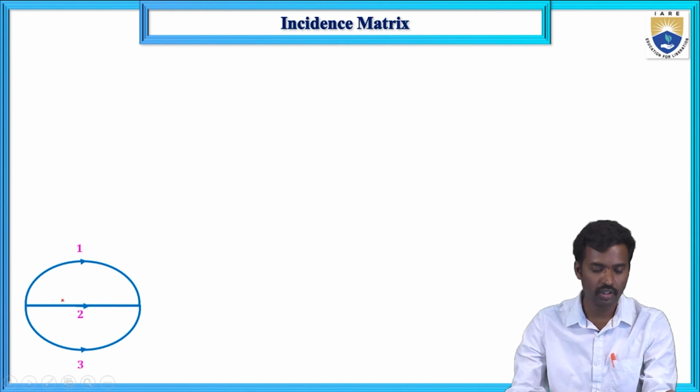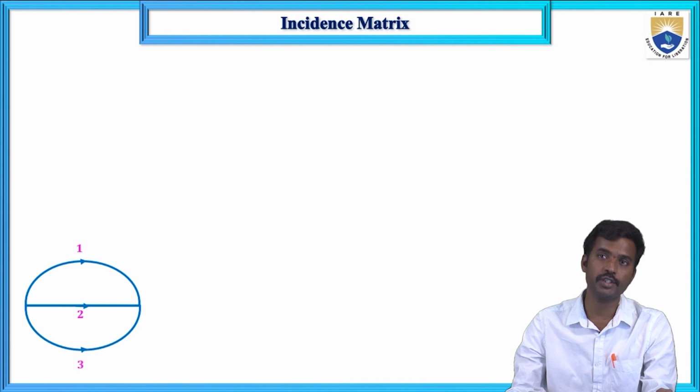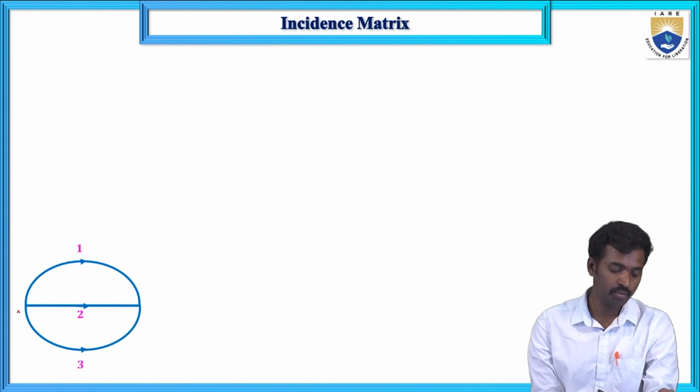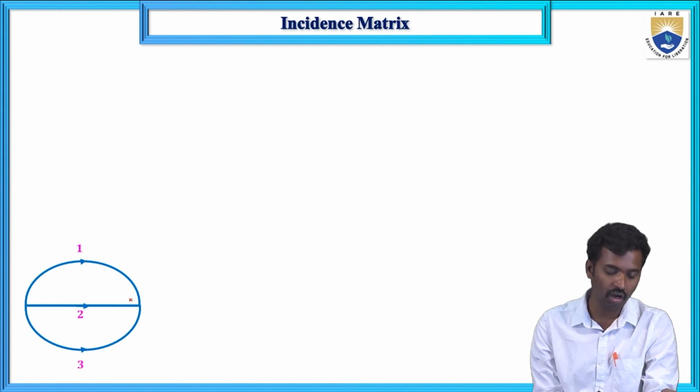A network graph can be drawn when all elements in the network are replaced by line segments, the voltage source is replaced by a line segment, the current source is replaced by an open circuit, and you name the nodes and branches and assign the directions. Now for this particular network graph, determine the incident matrix first.